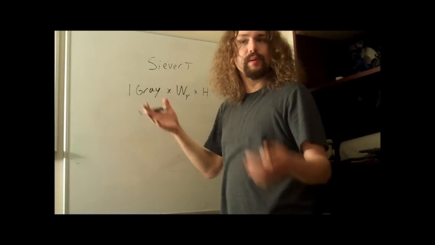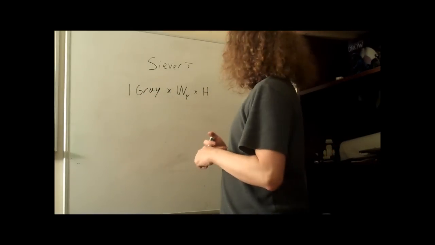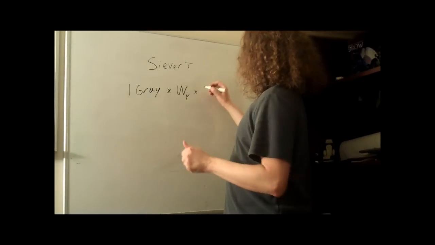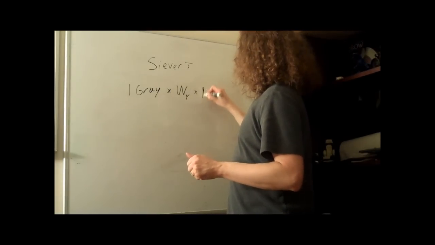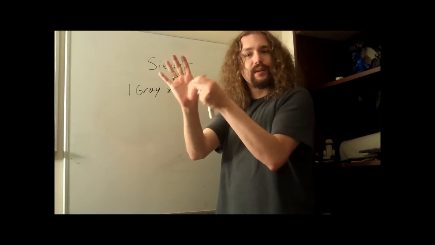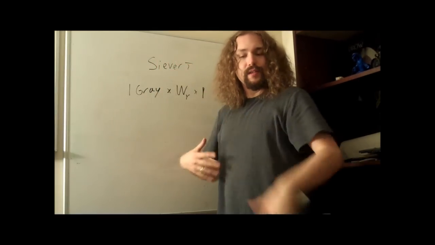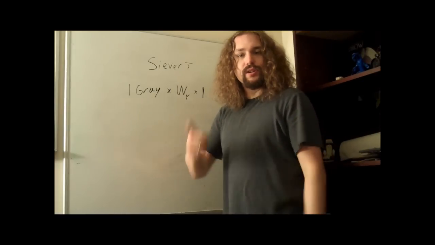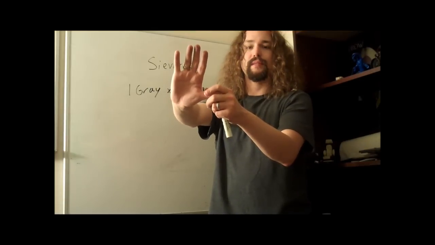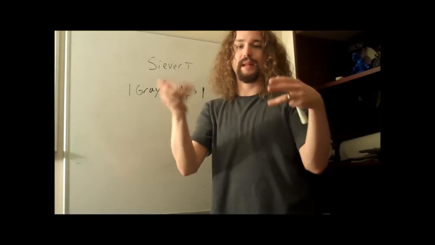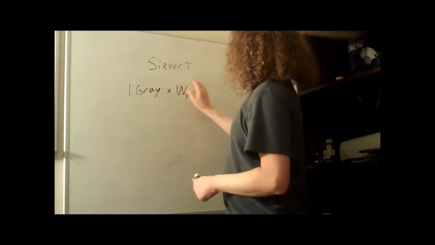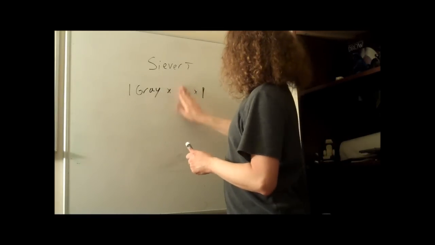The person, the arm, the leg, what part of your body. To put it simply, for the whole body human, usually you use a 1. You'd use fractional amounts for hands and arms. Like your finger here can tolerate tremendously more radiation than your body here. So this might be a tiny little number like 0.01 or something. So you take the amount of radiation you have and multiply by that and come up with a much lower damaging effect.